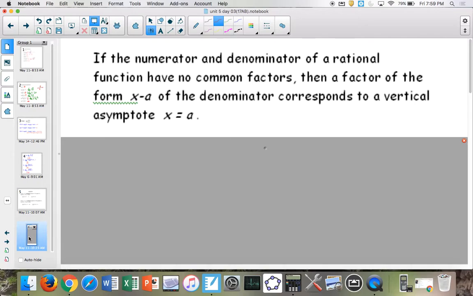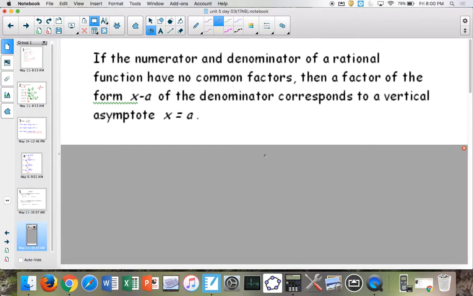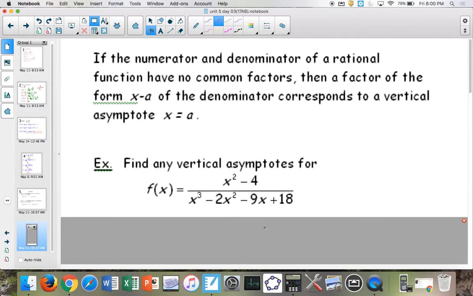If the numerator and denominator of a rational function have no common factors, then a factor of the form x minus a in the denominator will correspond to a vertical asymptote x equal a. So if you're asked to find a vertical asymptote for a rational function like this one, first thing you need to do is factor and simplify.